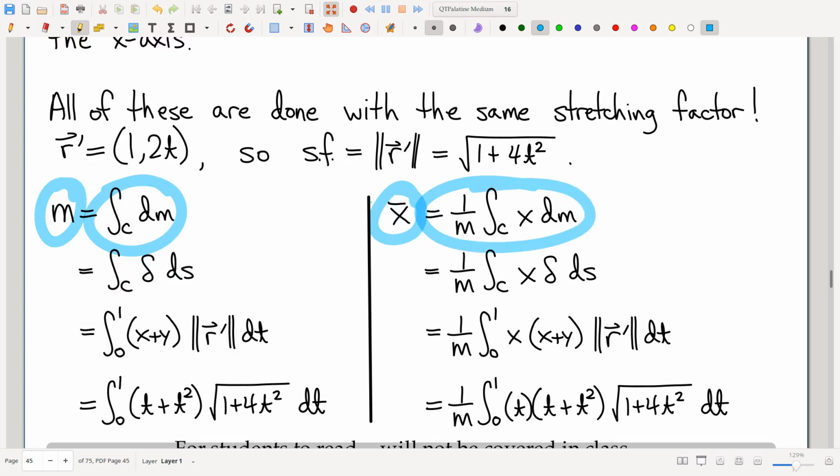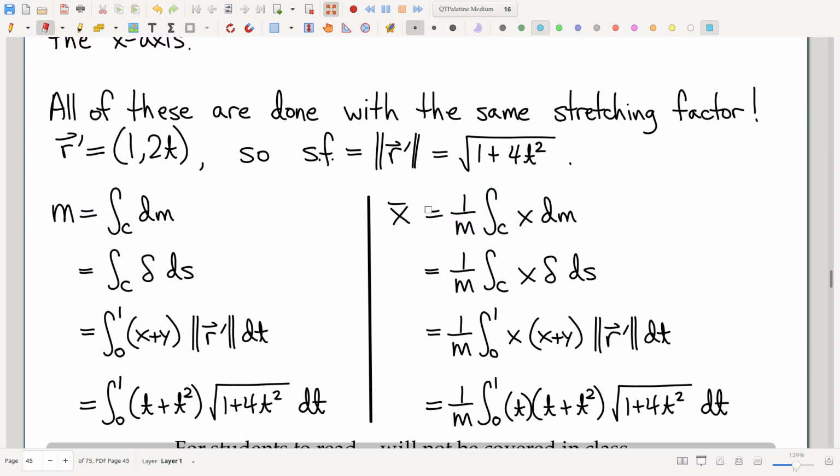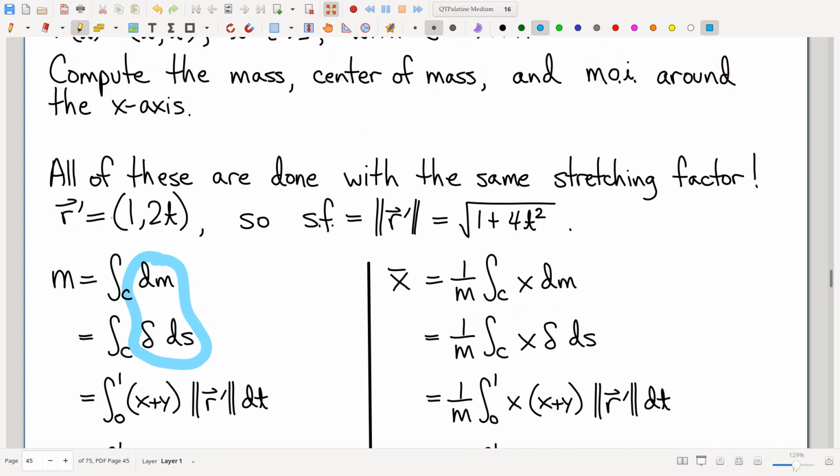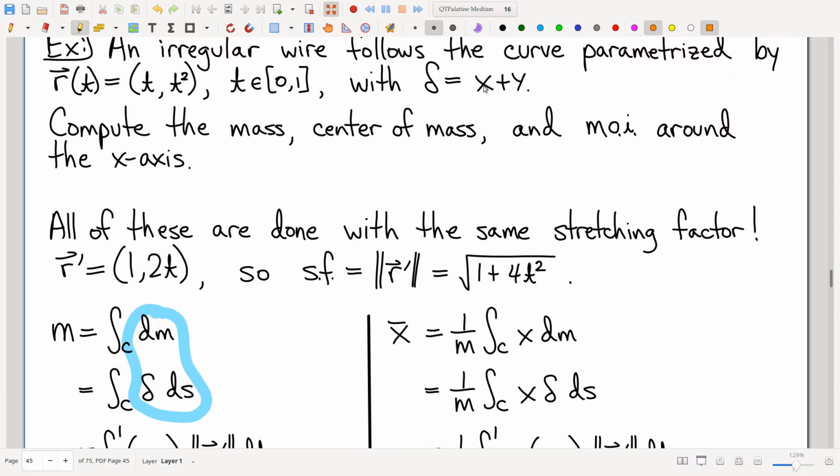X-coordinate of the center of mass, there's a formula we talked previously about. Write it down. And then, next, note that mass is density times size. Density is given. And then over here, again, mass is density times size. Density, again, given.